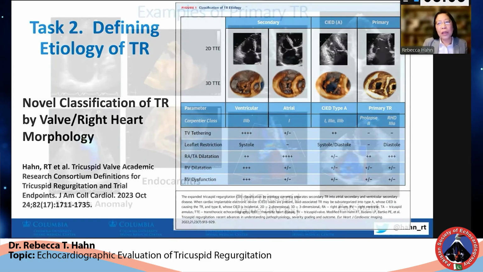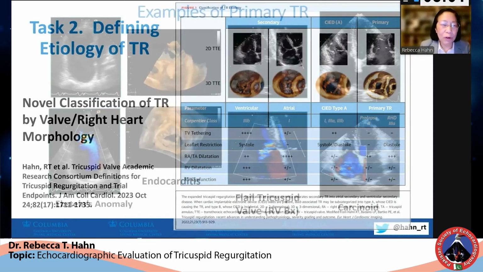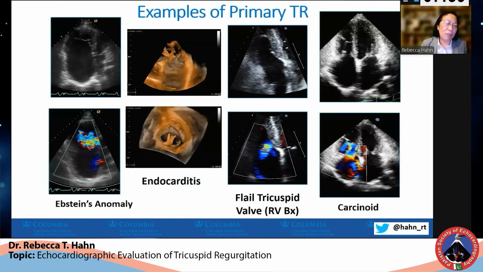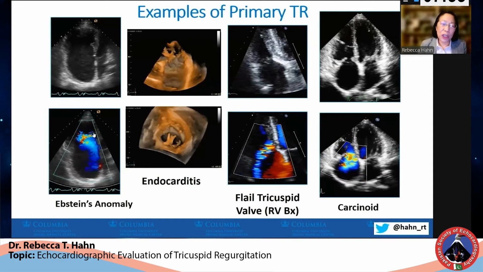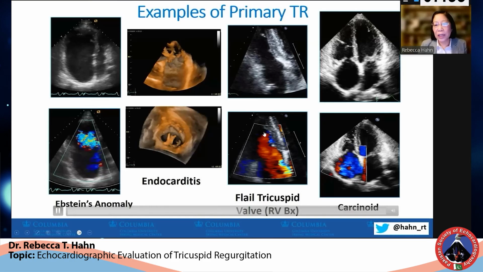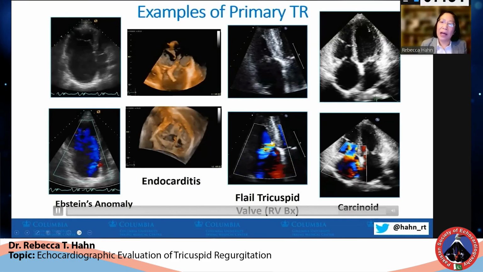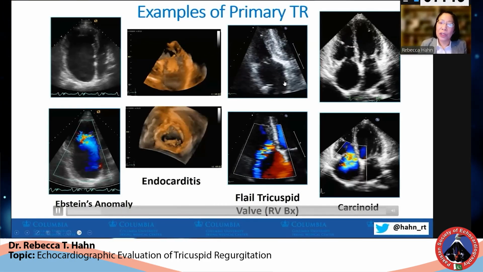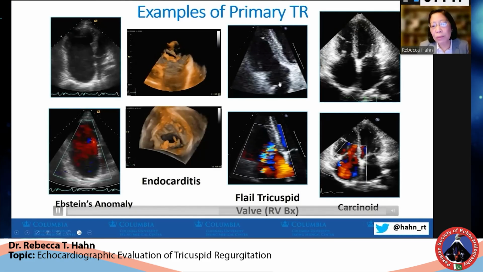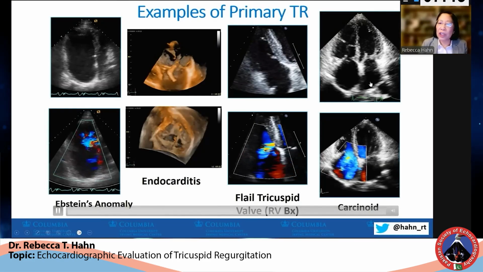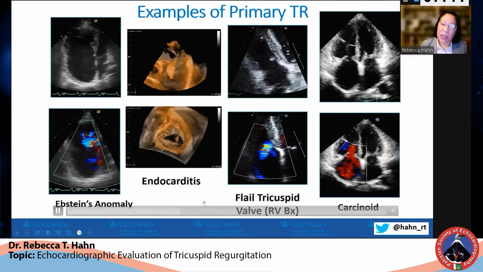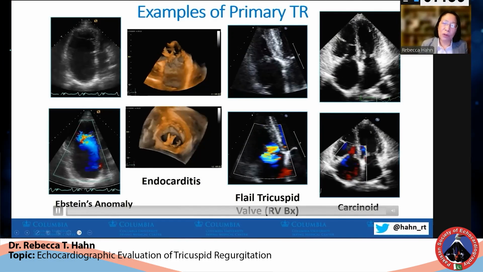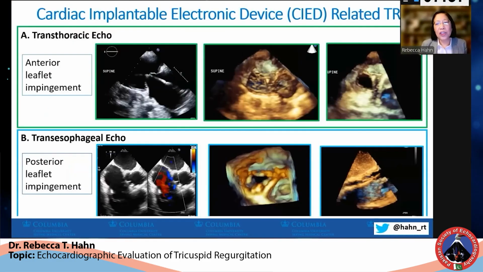And so these are examples, echocardiographic transthoracic echo examples of primary tricuspid regurgitation: congenital disease, endocarditis, flail tricuspid valves from biopsies. Again, we see prolapse as well as a primary disease, and then carcinoid, as you can see here with the thickened and immobile leaflets causing both stenosis and regurgitation.